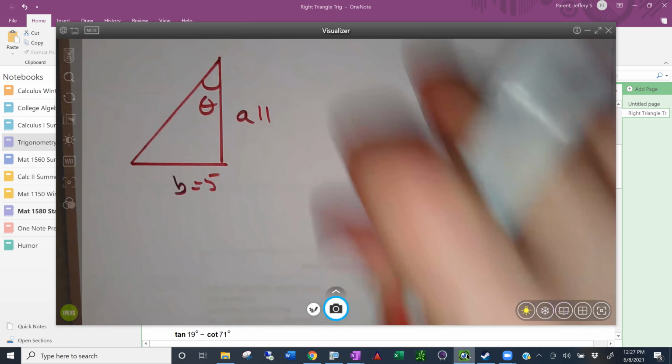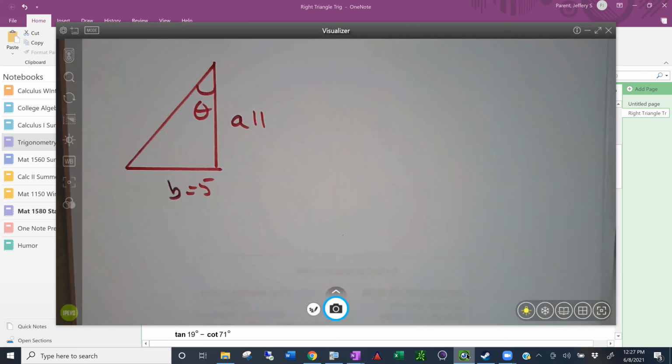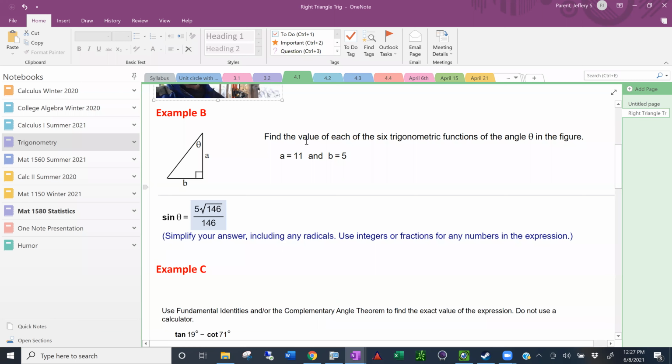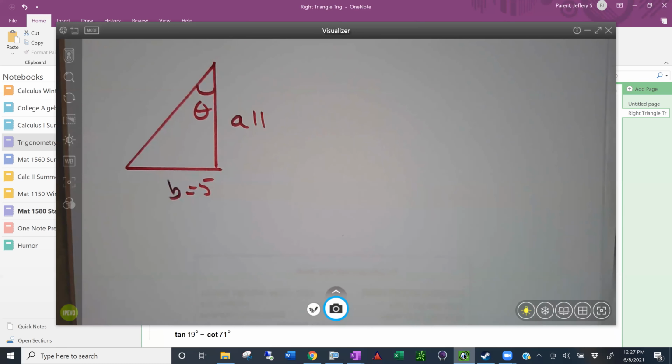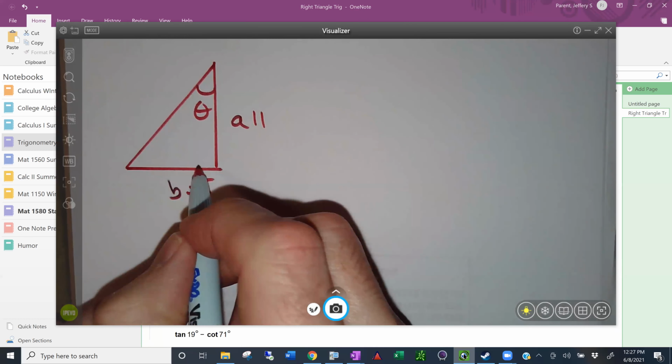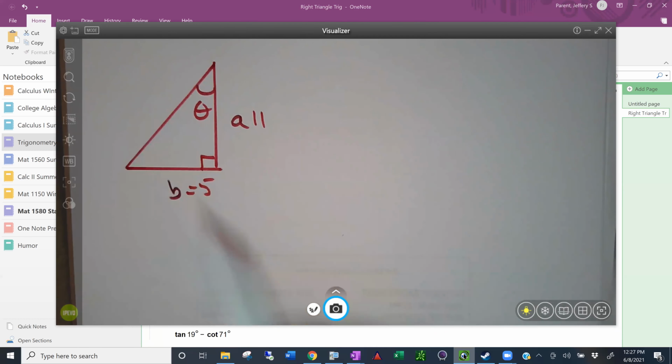A very typical thing to do in these types of problems is to ask you to solve the triangle and basically get all the trigonometric values that you can out of this. So it says find the value of each of the 6 trigonometric functions of the angle theta in this figure. So we're going to start by figuring out what the length of this side is.